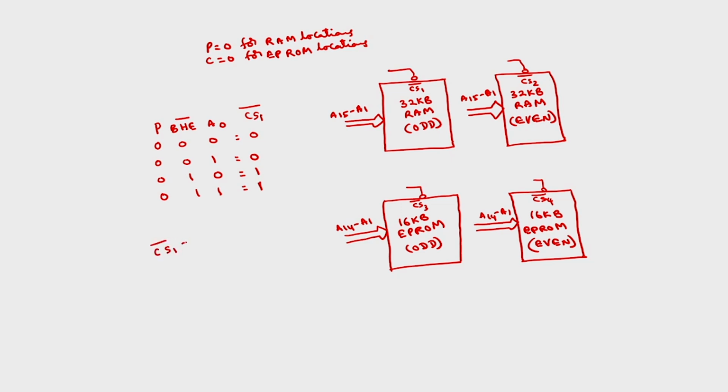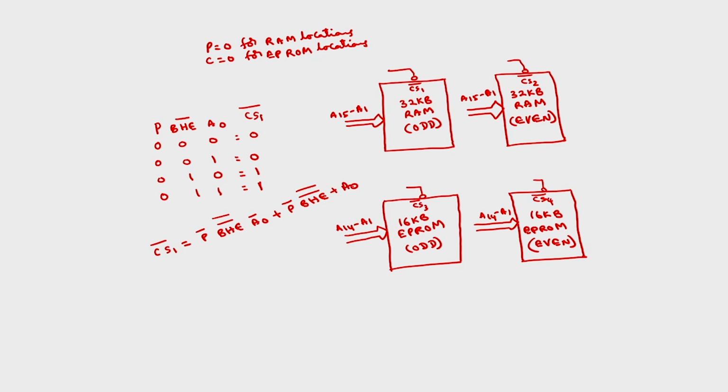CS1 bar is equal to P bar BHE double bar plus A0.